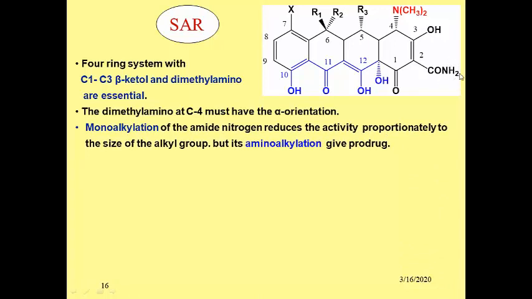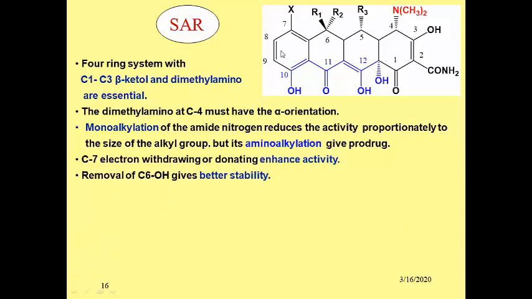Monoalkylation by a methyl group reduces activity, but amino alkylation, that is methylamino, aminomethyl, results in a prodrug. Electron donating or electron withdrawing groups at carbon number 7 enhance activity. Removal of C6 OH increases stability.